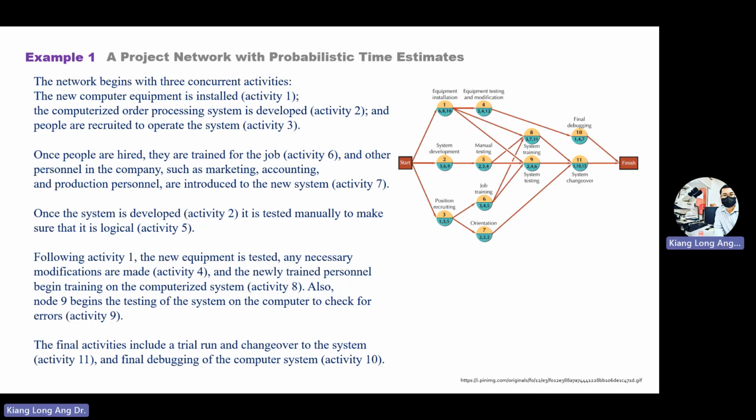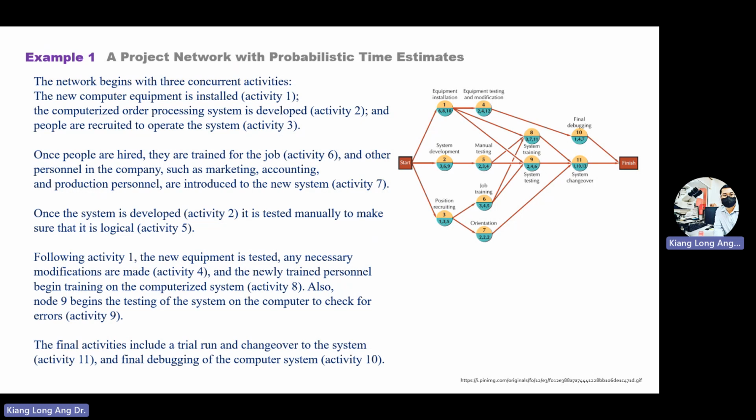You'll see activity, in this case let's say 1, 2, 3, and so on. Then you'll see time, and you'll see precedence. Precedence means it must wait until the one in front of the queue finishes, then only can do. So this one, 1, 2, 3, 4, and so on.